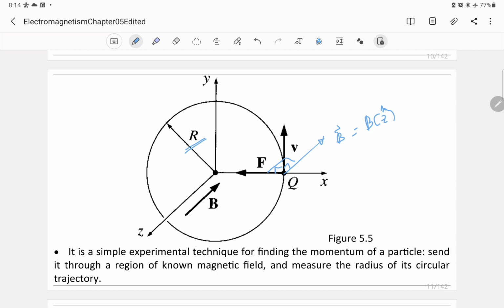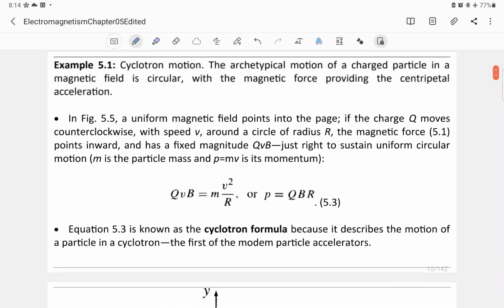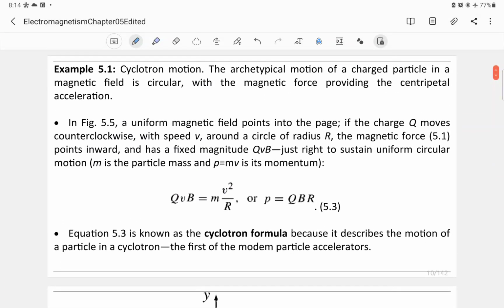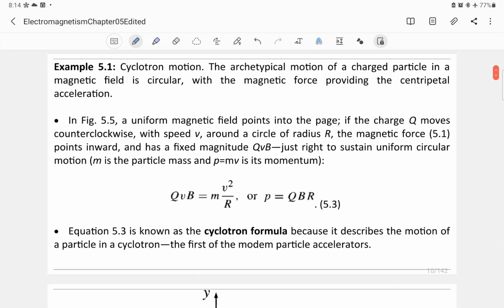So that is the cyclotron motion. So that's in figure 5. A uniform magnetic field points into the page, that's on the Z direction. If the charge moves clockwise with speed v around a circle of radius r, the magnetic force points inward and has a fixed magnitude QVB.